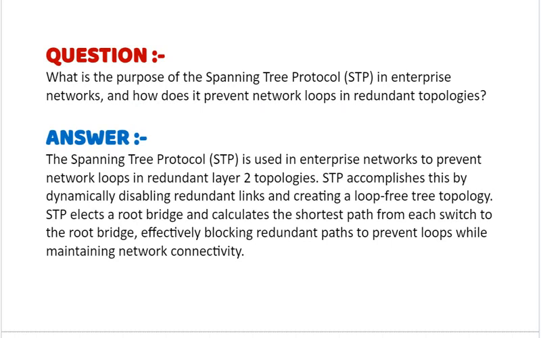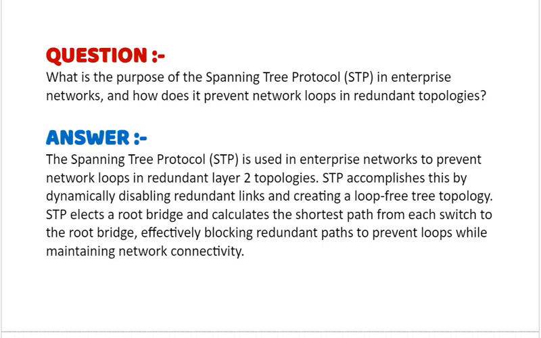Our interview question based on Enterprise Advanced Routing and Services is, what is the purpose of the Spanning Tree Protocol (STP) in enterprise networks? And how does it prevent network loops in redundant topologies? Your answer should be: the Spanning Tree Protocol (STP) is used in enterprise networks to prevent network loops in redundant layer 2 topologies.